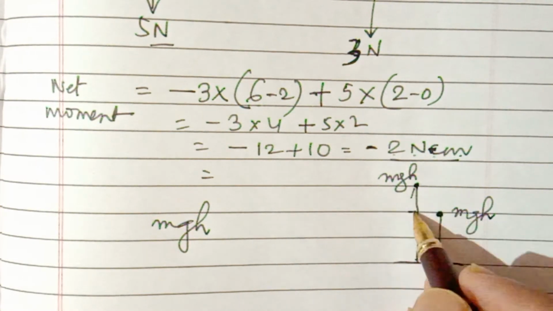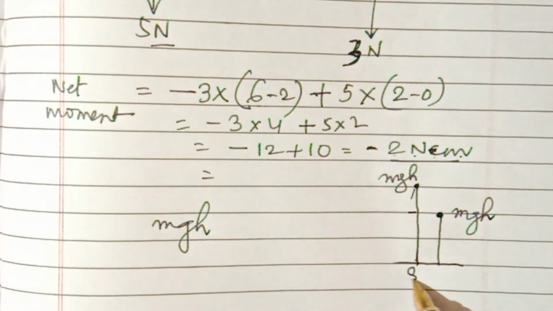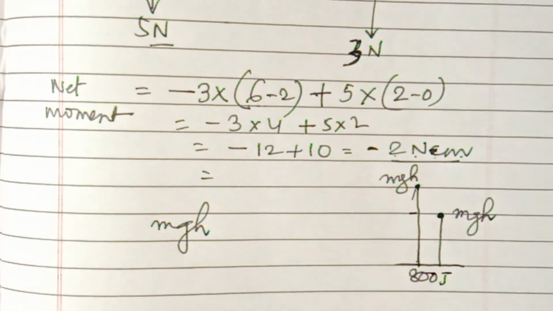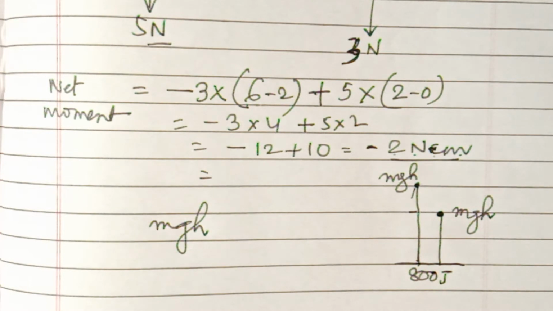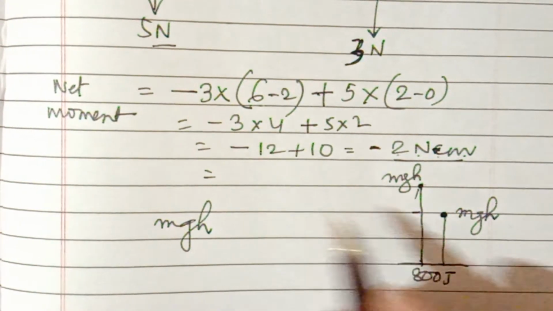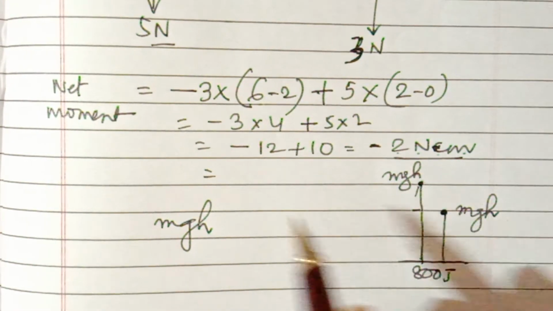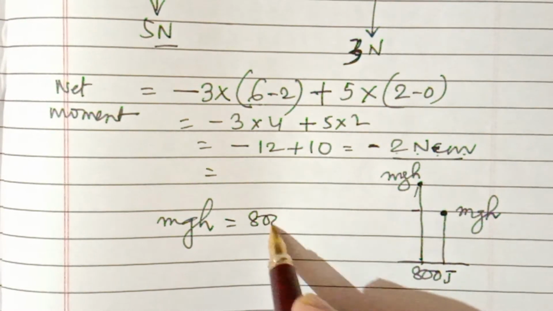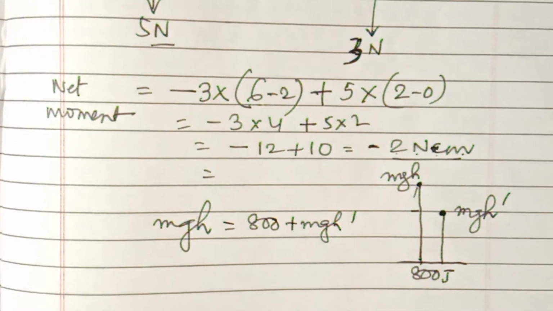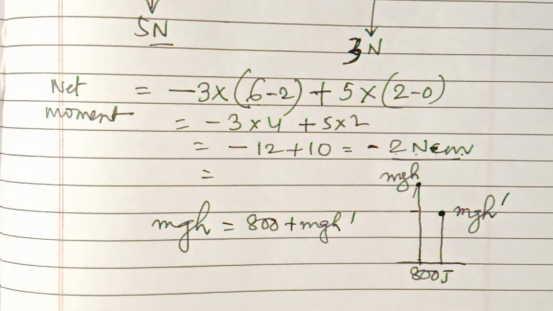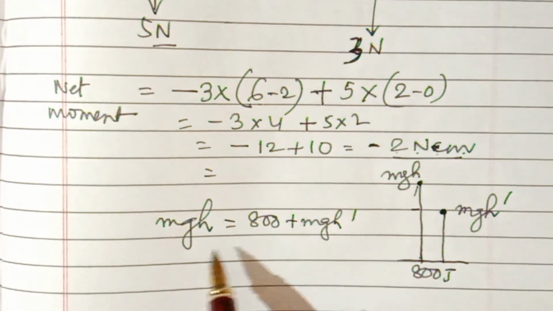Why? Because 800 joule of energy is lost in the form of sound, heat, like that. So we can write mgh equals 800 plus mgh dash. Suppose this is h dash, it is raised to h dash. So this concept you can use.